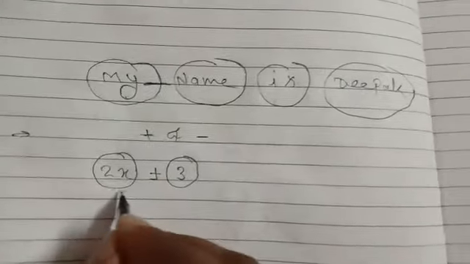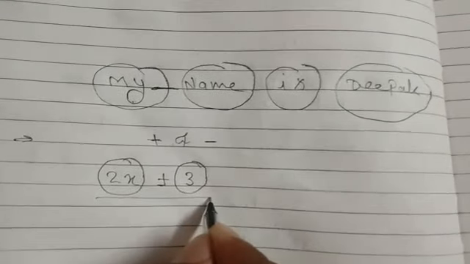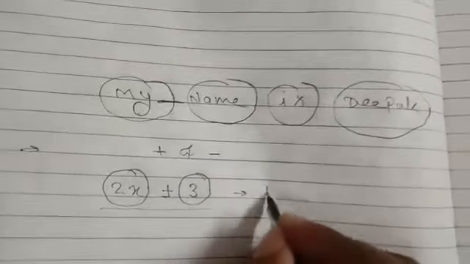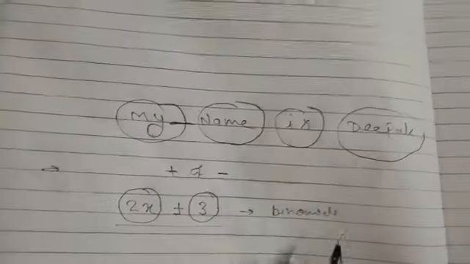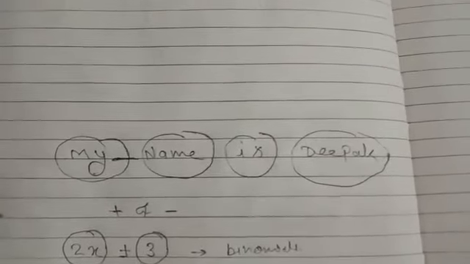This is one term and this is another. That's why the polynomial consists of two terms and this is called a binomial. In the same manner, if a polynomial has three terms, it is called a trinomial.